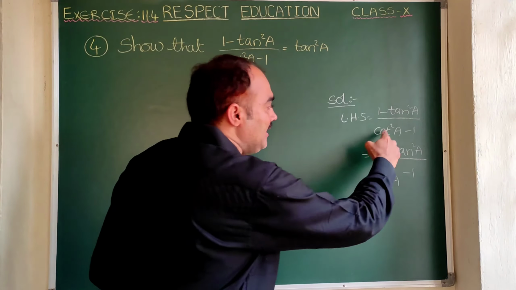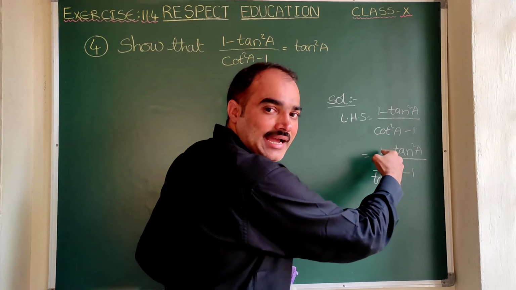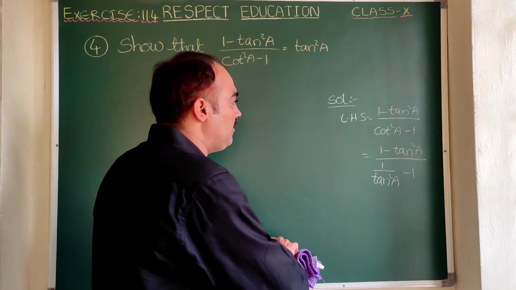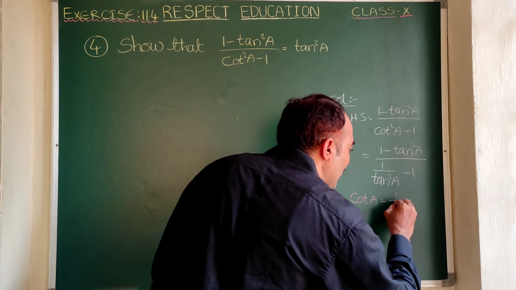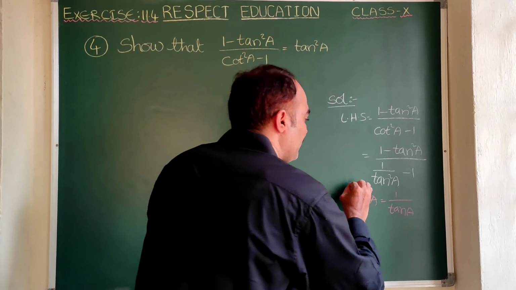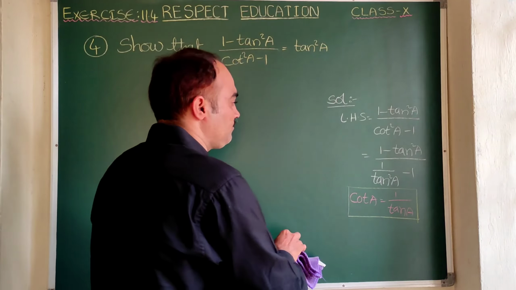In fact, it is 1 by tan A whole square. 1 square is 1, tan A whole square is tan square A. Is it clear? So here what formula is used? We have used cot A is equal to 1 by tan A. This is the formula we have used here. Now let us simplify this.